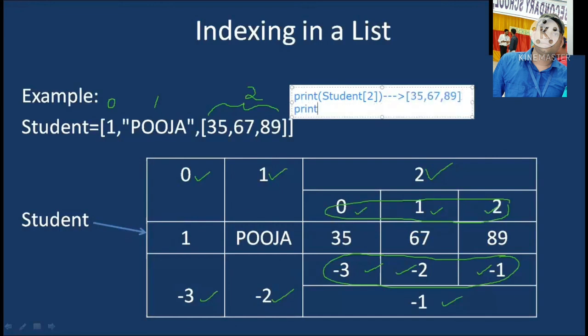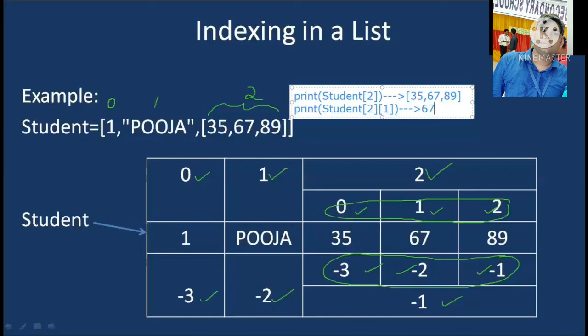But if I write print and the name of the list, which is student, and I write square bracket 2, square bracket 1, then what does it do? It doesn't display the entire nested list. It only displays the element at index 1 of the nested list, which is 67.